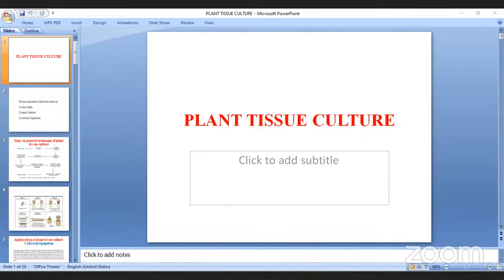So in the micropropagation process, tissue culture helps in the rapid propagation of plants. What happened here?